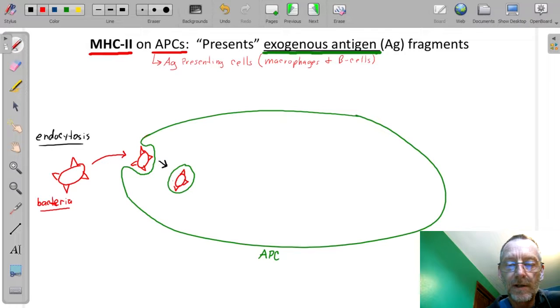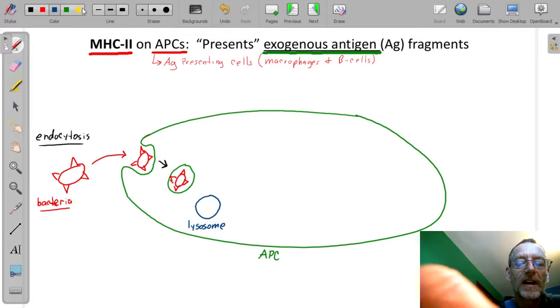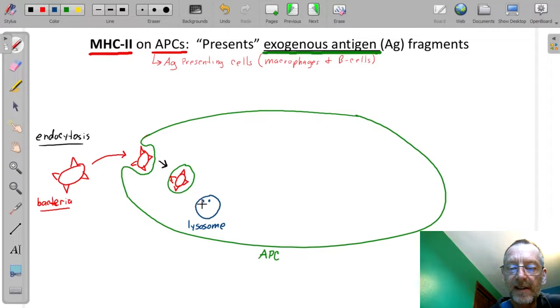And you know what we do? We digest it. So we bring in another organelle, a lysosome. This goes back to Biology 160. And you remember that lysosomes have digestive enzymes inside them, proteases, hydrolytic enzymes.